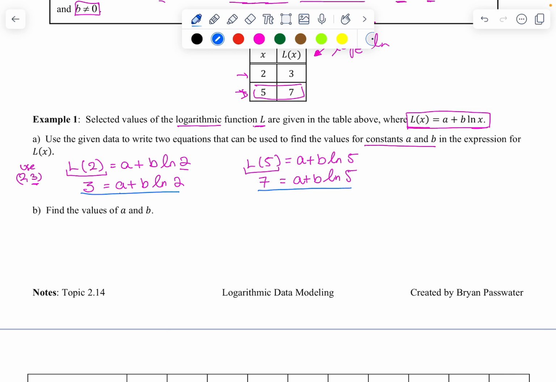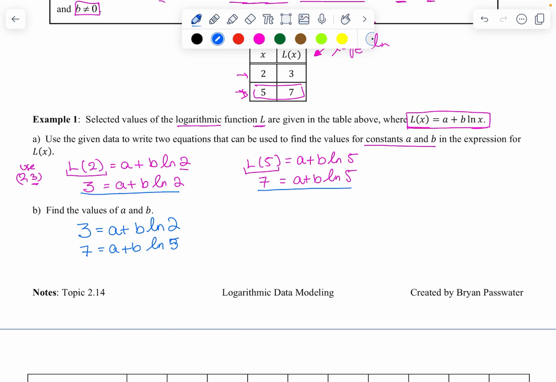So basically what we can do is set up these two equations as a system because they do work together, right? So 7 equals a plus b ln of 5.